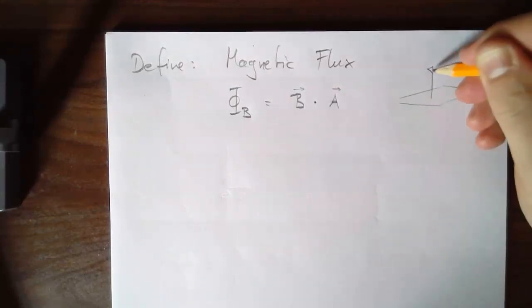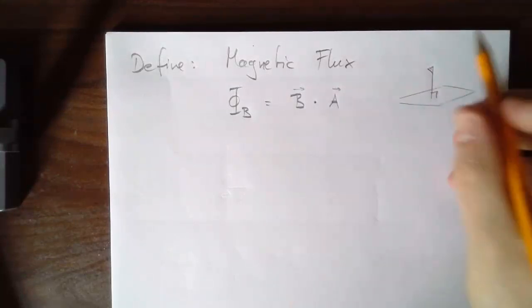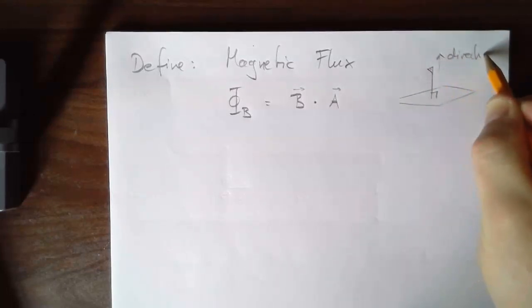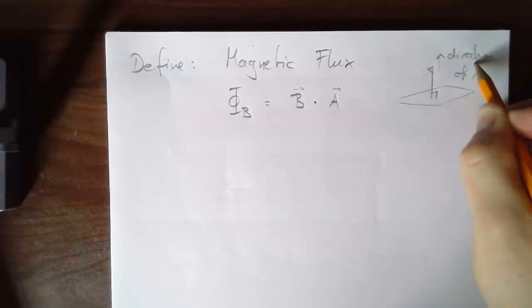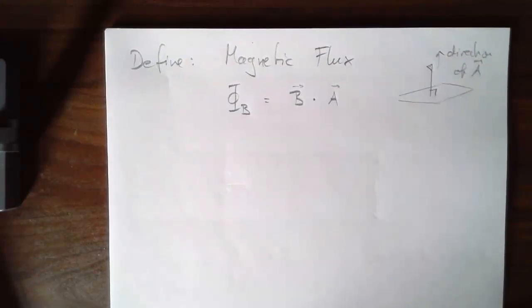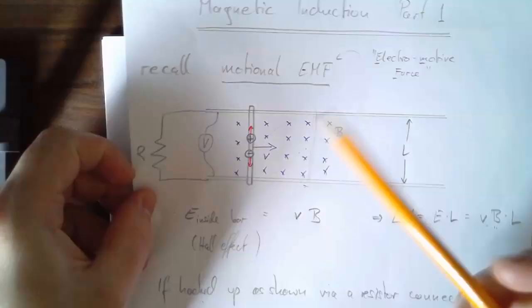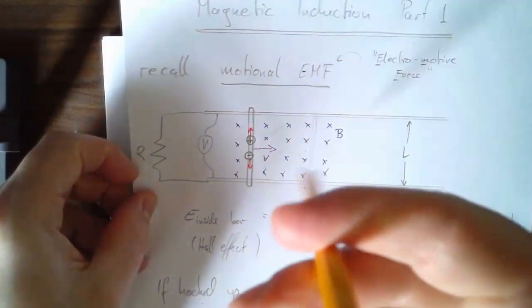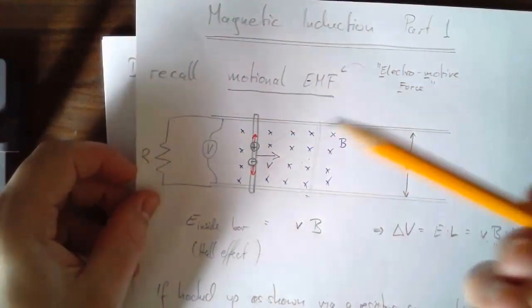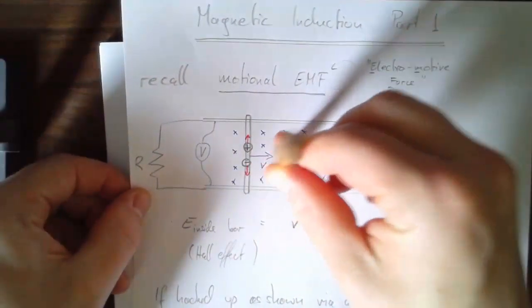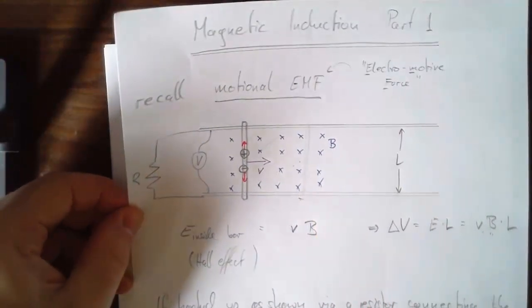I stick a little flag out 90 degrees, and this is the direction of A. In this case, you can imagine the area is flat on the sheet and the flag sticks out towards the top or the bottom. The direction would just be a sign, changes it upwards or downwards. But it sticks out, it's vertical. The flag is vertical. It's in the same direction as the B field, which is also vertical, pointing straight down.